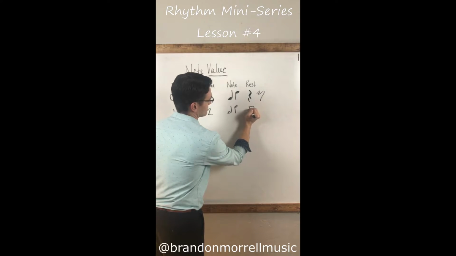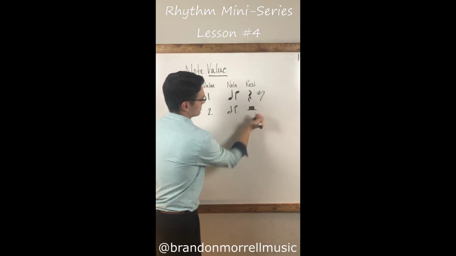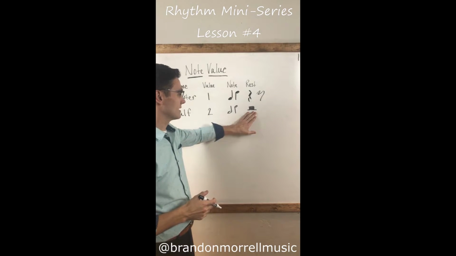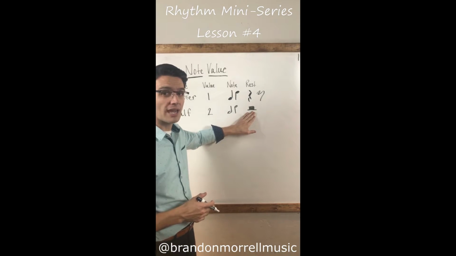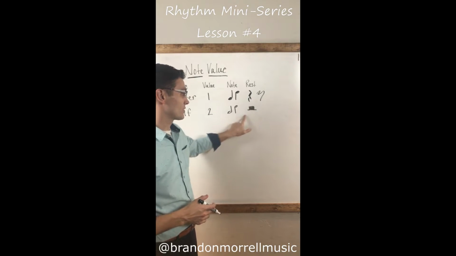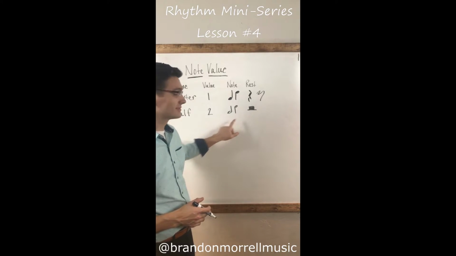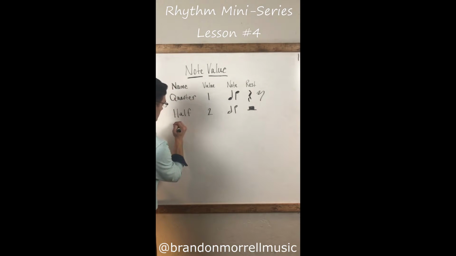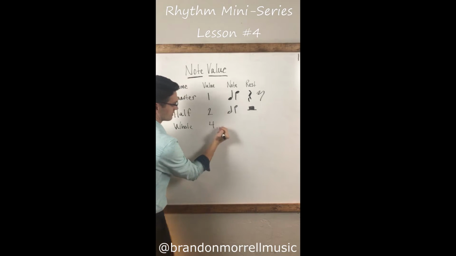A half rest looks like this. Kind of a mnemonic device, an easy way to remember what the half rest looks like. I've always referred to it as it looks like a hat, half hat. And then the last one we're going to talk about is the whole note. A whole note gets four beats.